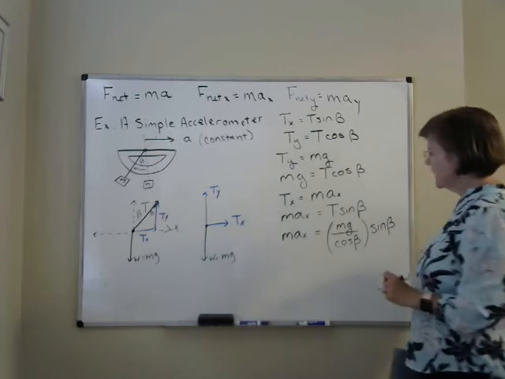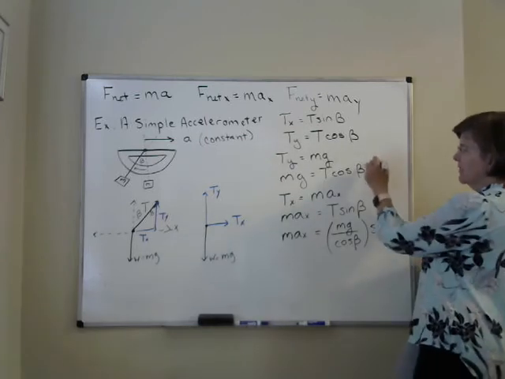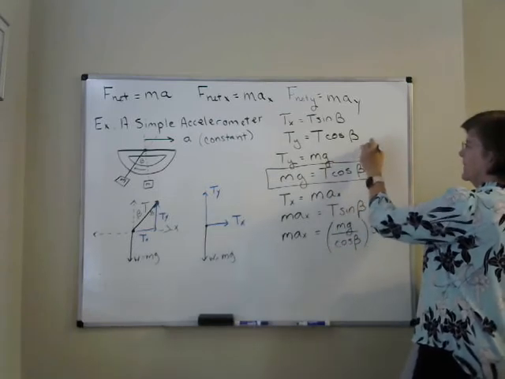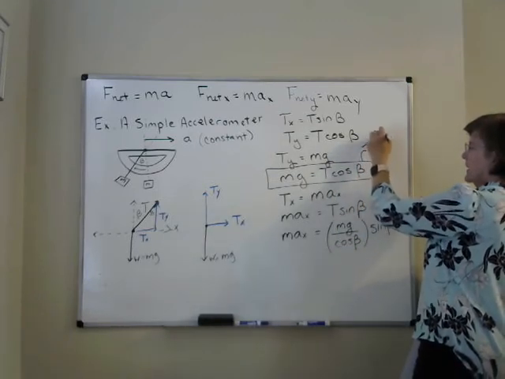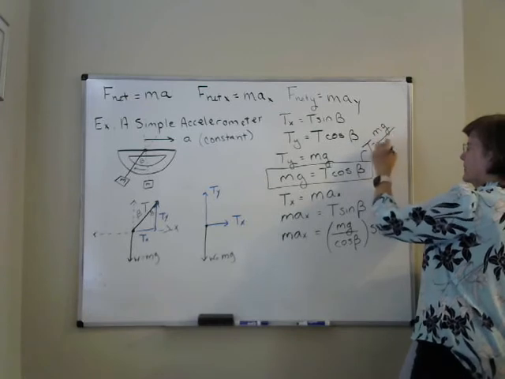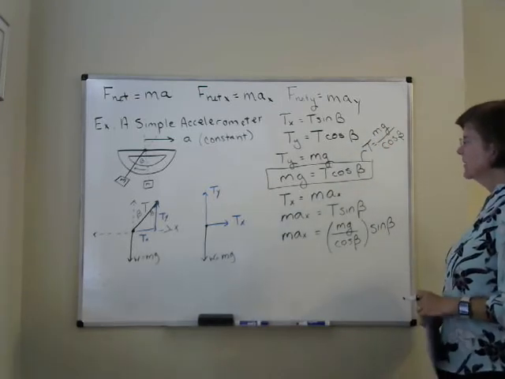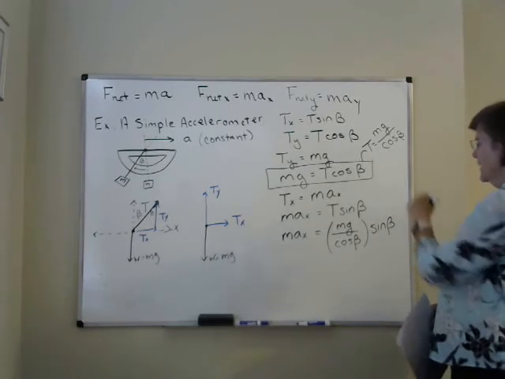I want to make sure everybody understands what I did here. I just solved this right here for T. That gives me T equals mg over cosine beta. So I do have an expression for the tension that depends on the angle.